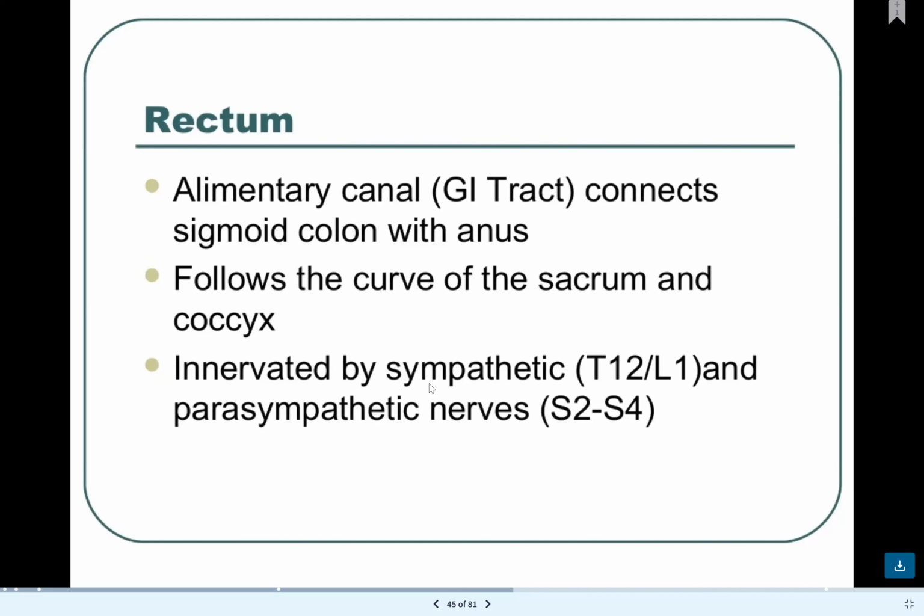Now, another serious structure we can see when it comes to the pelvic girdle is the rectum, where your undigested fecal matter is stored and then ejected. So the rectum is also very, very essential when it comes to the pelvic system.